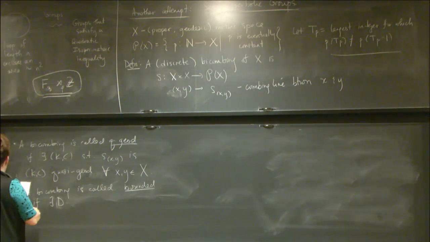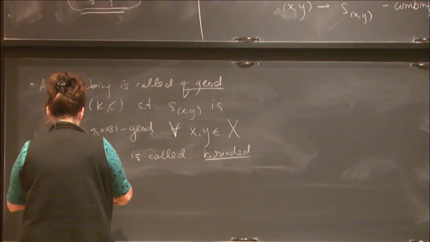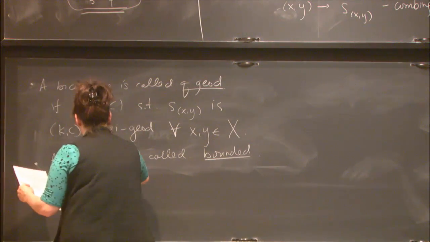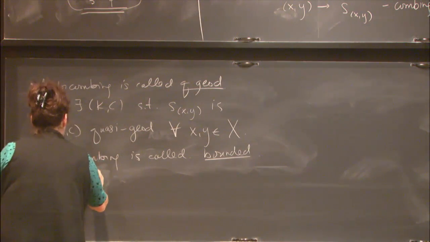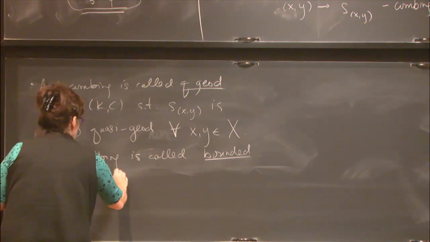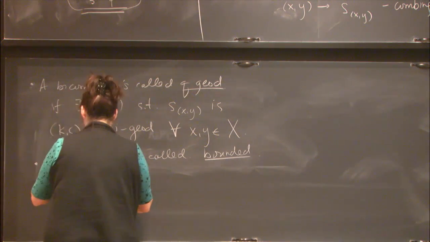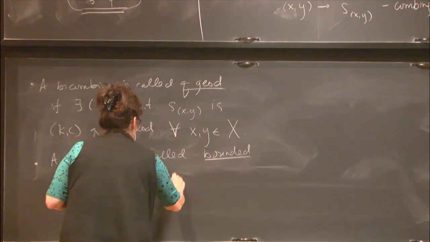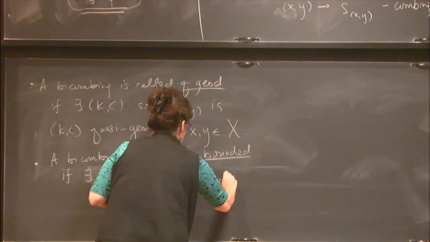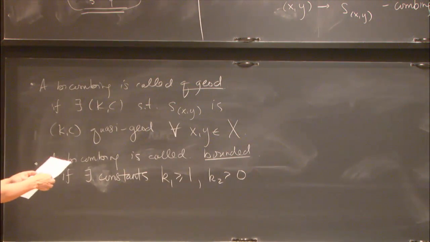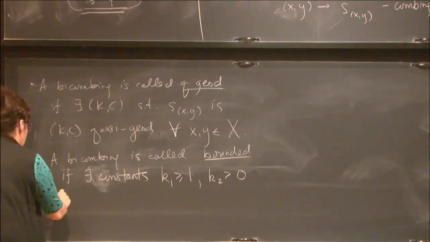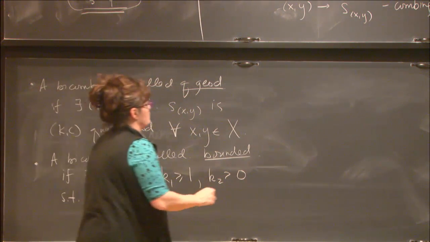That's not good. I just noticed that. Oh, actually, no. I want to do it this way first. If there exist constants k1 greater than or equal to 1, and little k2, these are little k's, not big k's, greater than 0, such that the following picture holds.